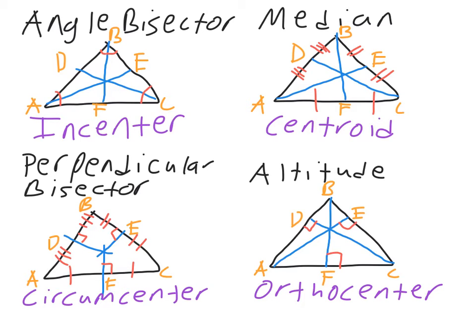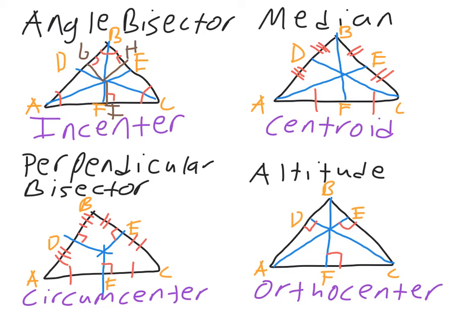So with the incenter, if you were to draw three perpendicular lines all coming out of the incenter, and we'll call these G, H, and I, then all three of those lines are equal to each other.